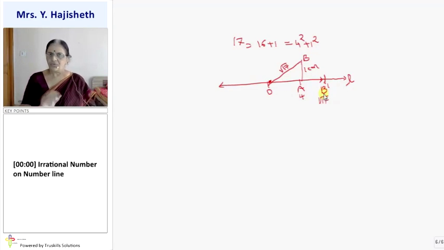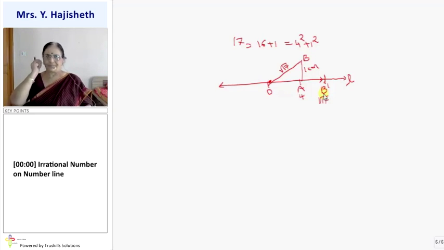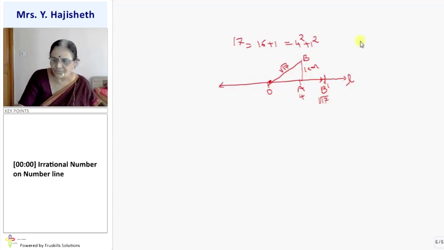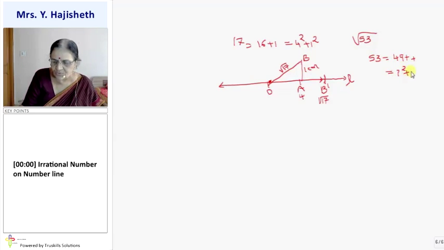Clear? So you can split up the number as a sum of 2 squares. That way also you can do it. Suppose you want root 53. Then 53 can be written as 49 plus 4. So it is 7 square plus 2 square. So here you take number line O, take point A at a distance 7.